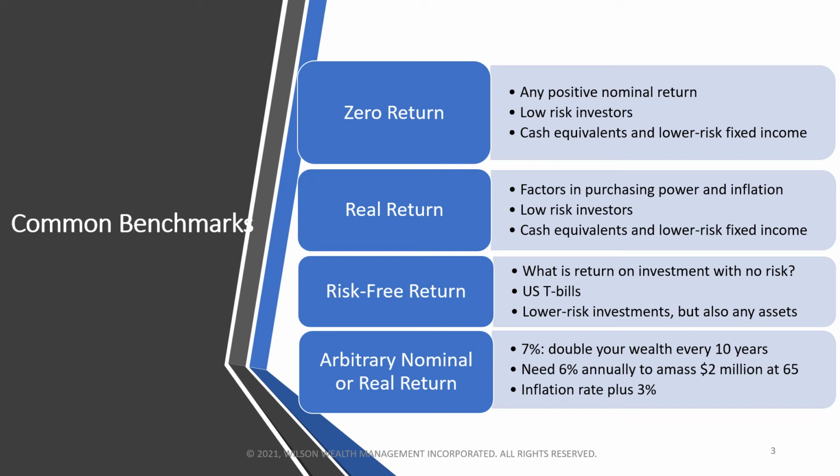And again, as we looked at before with the relationship between time, funding, and risk, the closer you are to 65, the more you're going to have to fund, or you're going to have to seek higher returns and take on extra risk. But that's another more common calculation. And the real return is, okay, inflation's pegged at 2 or 3% this year. I want to make at least inflation plus 3%. That's my goal. So that would be an example of an arbitrary real return benchmark.